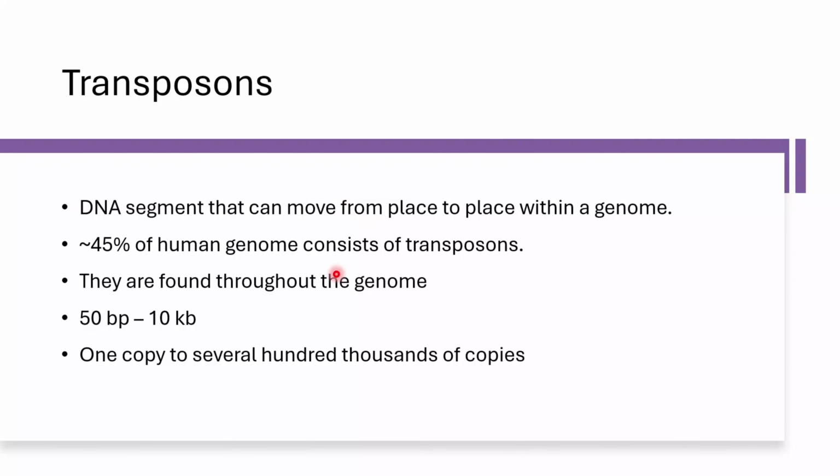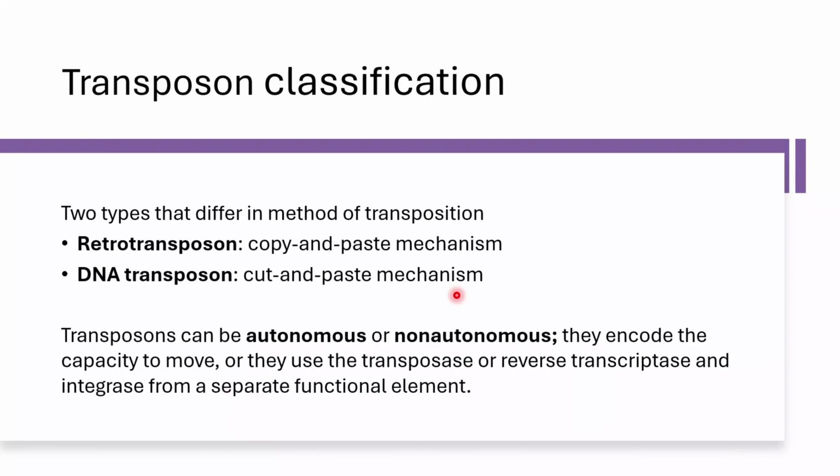As I said, 45% of the human genome is made up of transposons. This is crazy. There's more transposons than genes, obviously. They're found throughout the genomes. Usually the size is between 50 base pairs, to 100, to 10,000 bases. And depending on which type of transposon, there are many families, you could have 1 copy to several hundred thousands of copies, okay?